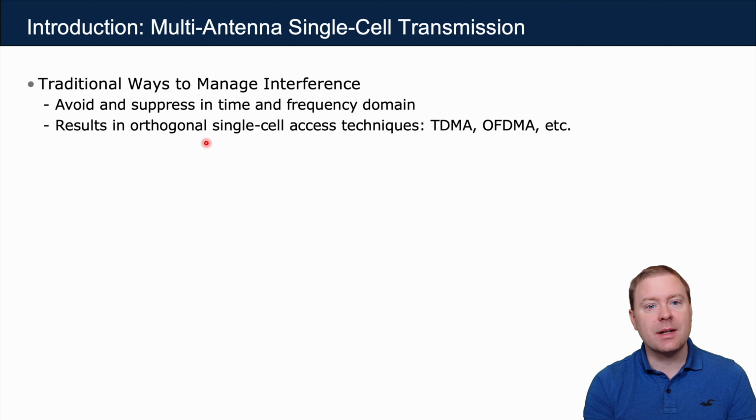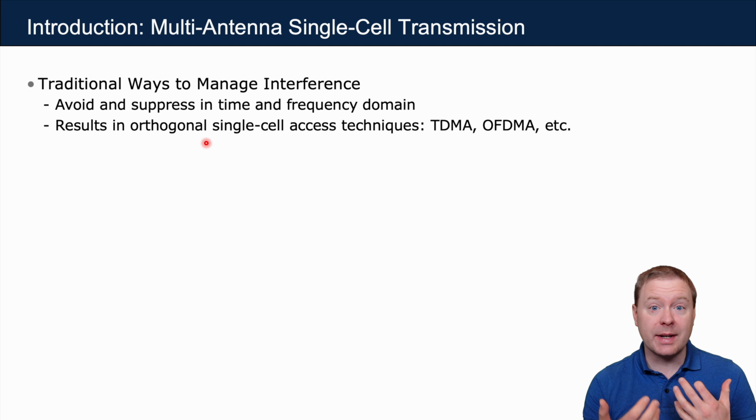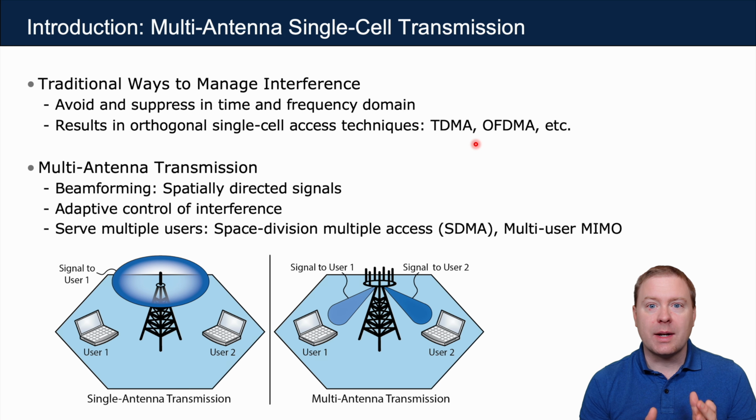And this results in some kind of orthogonal transmissions within each cell. There are concepts like TDMA that was used in 2G, for example, where you are sending to different users at different times, so time division multiple access, or OFDMA that was used in 4G, where you are transmitting to different users at different frequencies. However, with multiple antenna transmissions, we can do things differently.